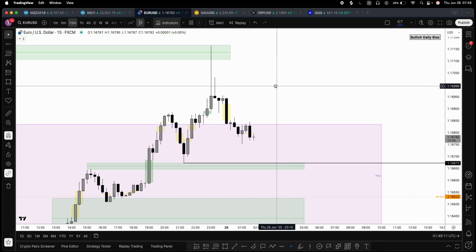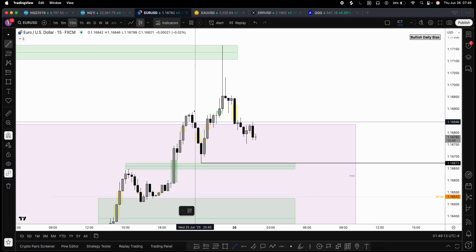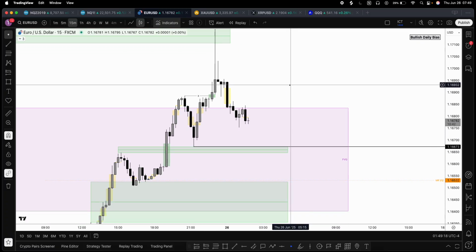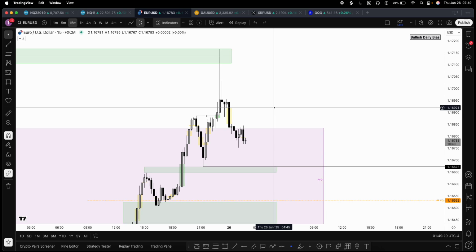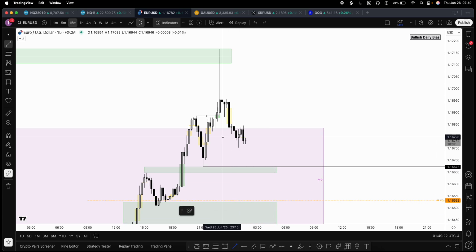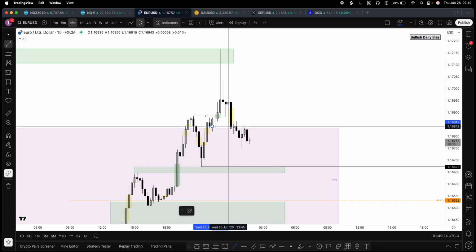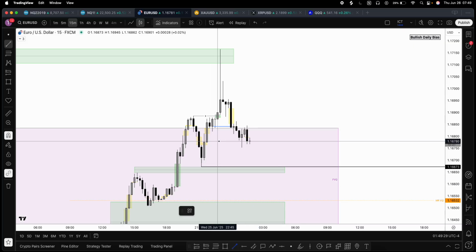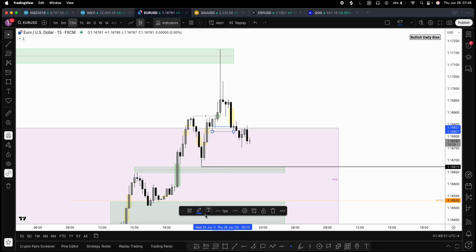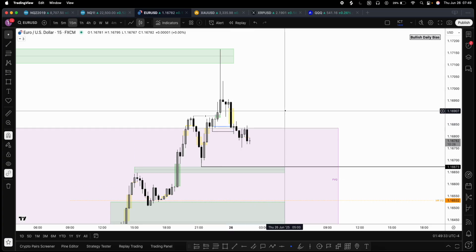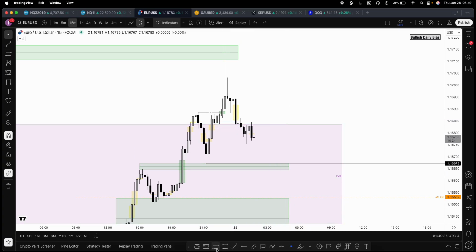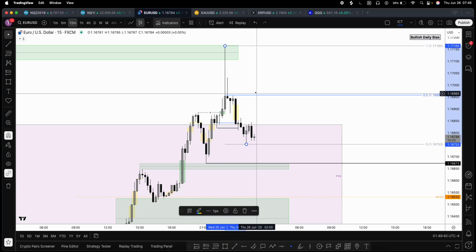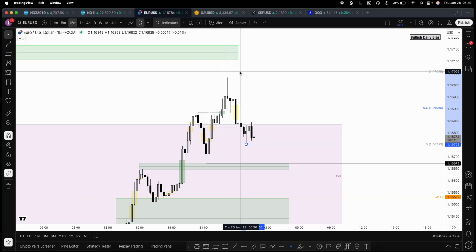So over here, this is quite an extreme liquidity sweep, but price did sweep that high, reverse, close below this last series of up close candles, and then we get a market structure shift over here. So this kind of fits our entry model.